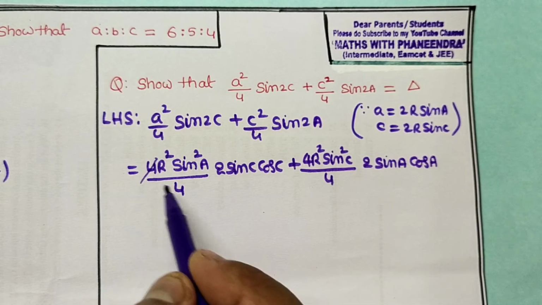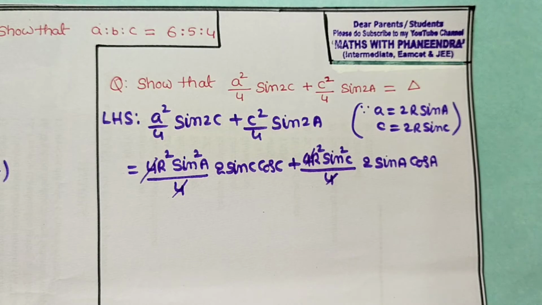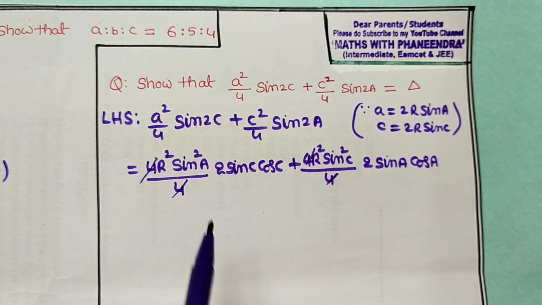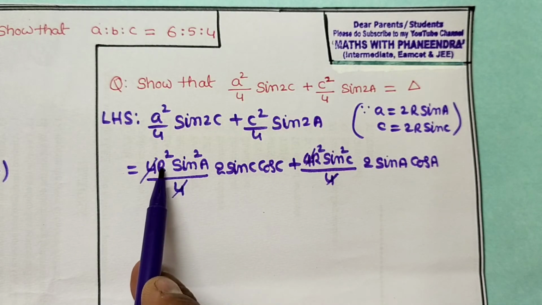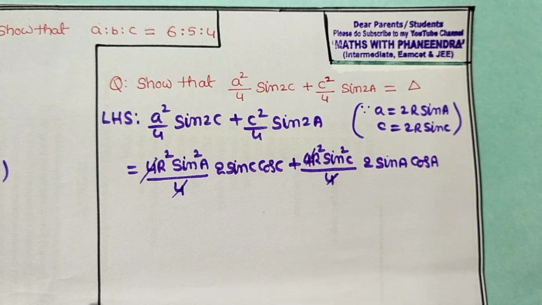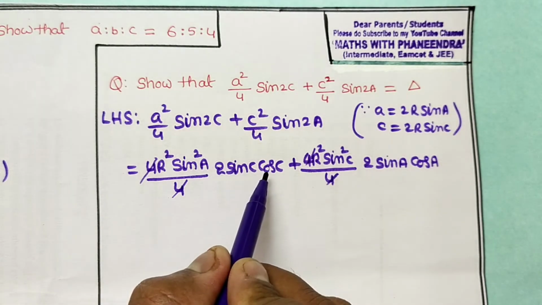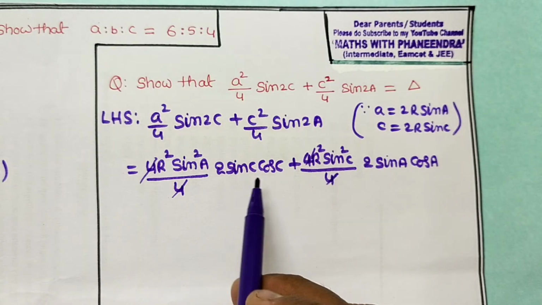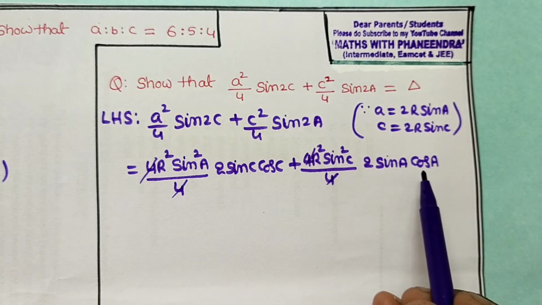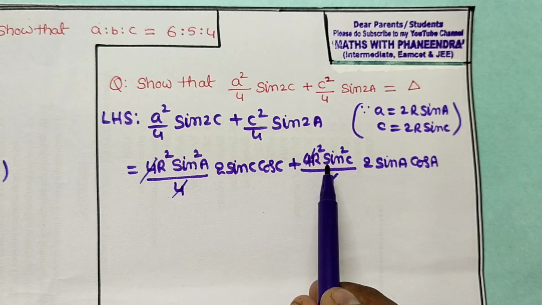So here 4 gets cancelled, here 4 gets cancelled. After that, 2R square is common. Next, which term will be common? Sin A is common, and sin C is also there.